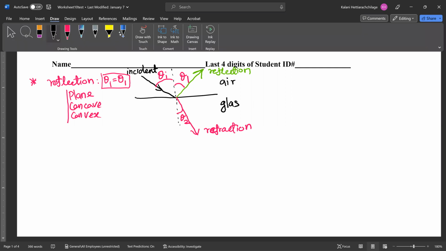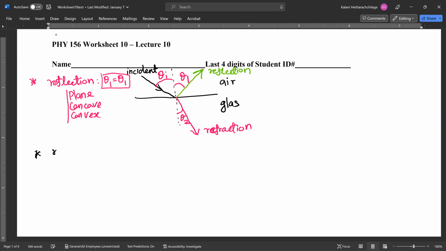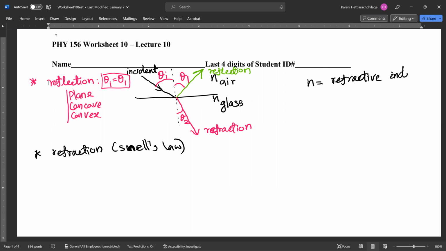Now refraction is not that simple. The refraction law, we call it Snell's law. This law says that if you take the media, air over glass, n is what we call the refractive index. What that basically means is the ratio of the speed of light in vacuum divided by the speed of light inside the media.